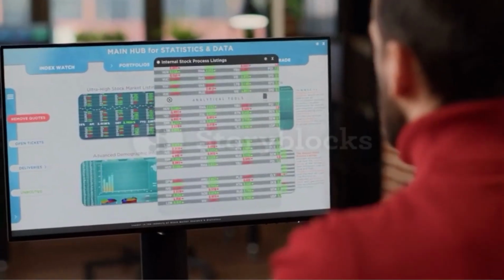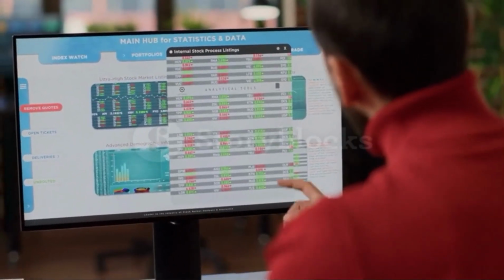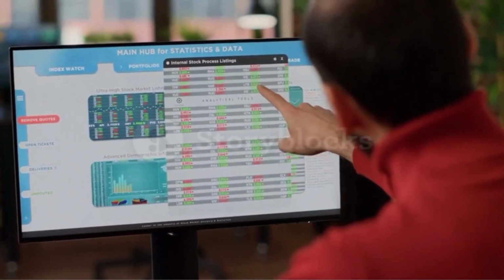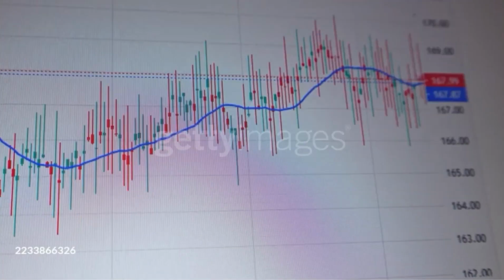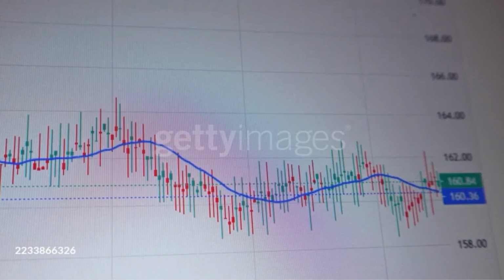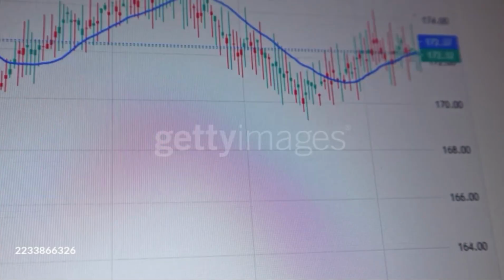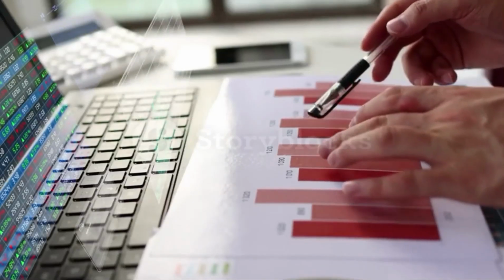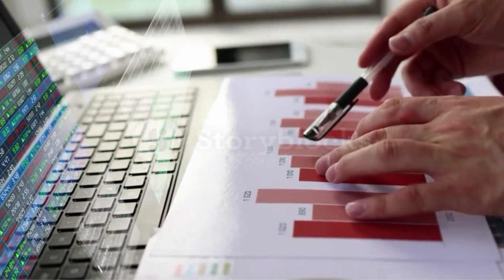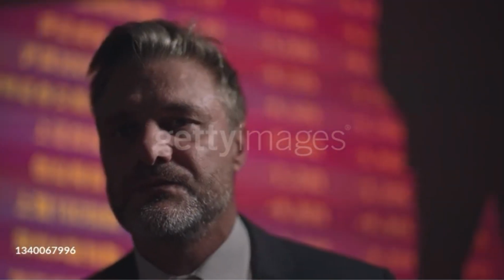Fourth, always use stop losses based on support and resistance. If you buy near a support level, place your stop loss just below that support level. If the support breaks, your stop loss will protect you from a larger loss. This is how professional traders manage risk using support and resistance.